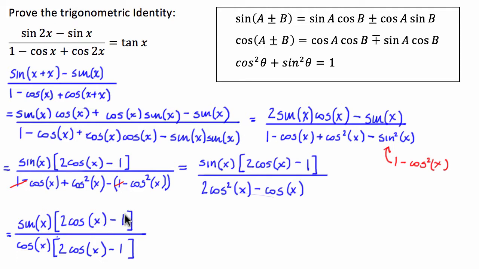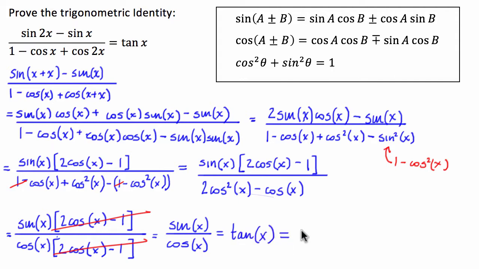The 2 cosine x take 1, 2 cosine x take 1, they will cancel out. And we're left with, this is equal to sine of x over cosine of x, which hopefully you all will know is equal to the right hand side of the problem.